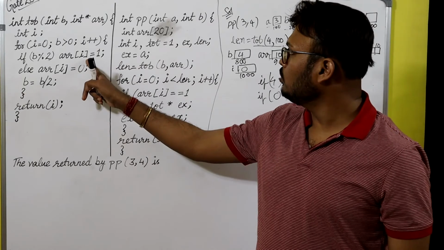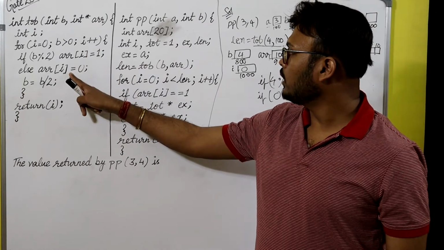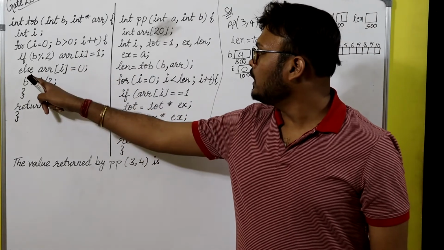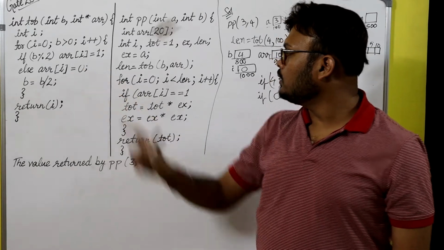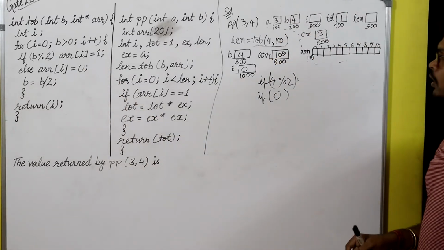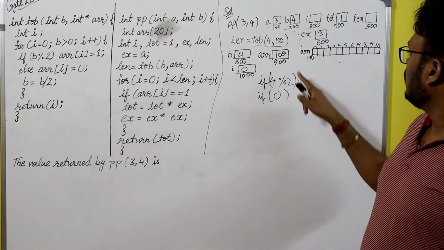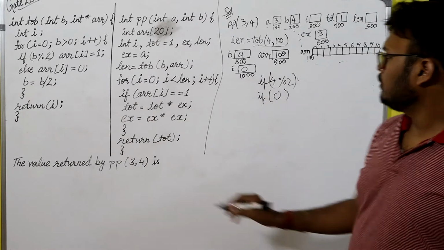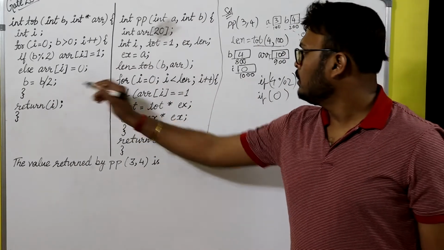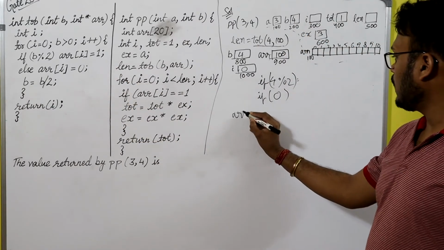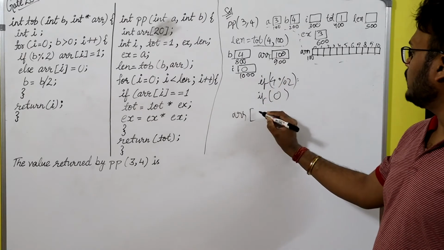So we will move here, at the else part. Else ARR of I is equal to 0. ARR of I means what? You see here, ARR of I. So what is the value of I? 0.